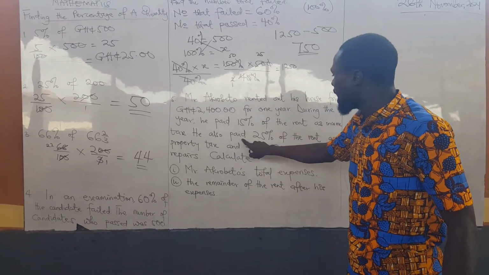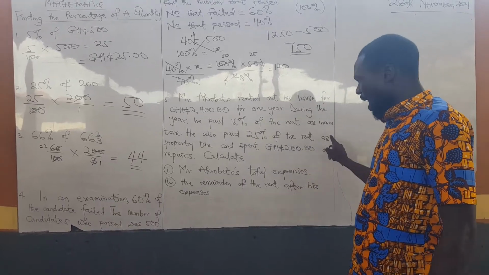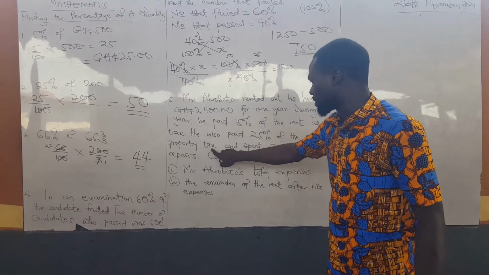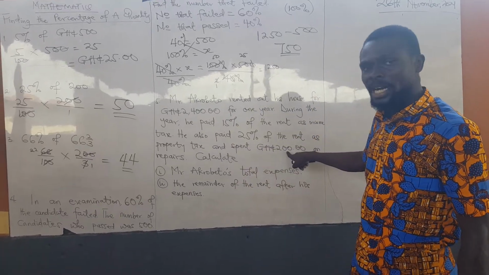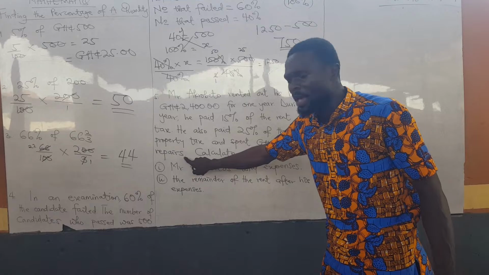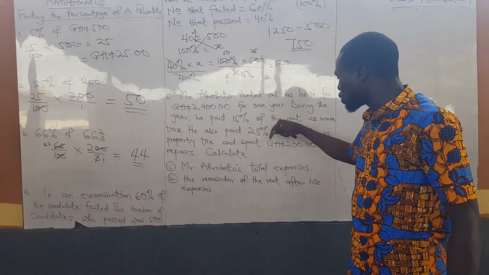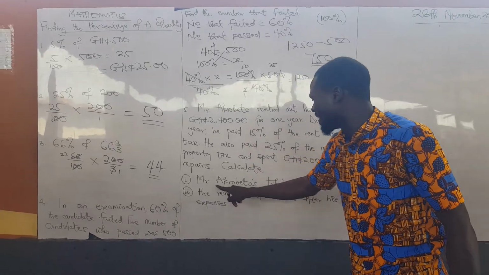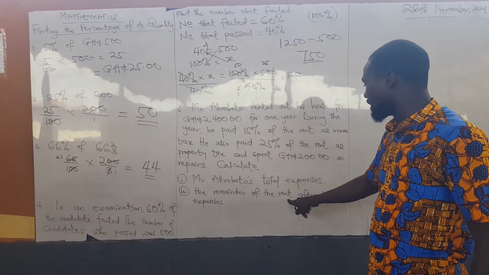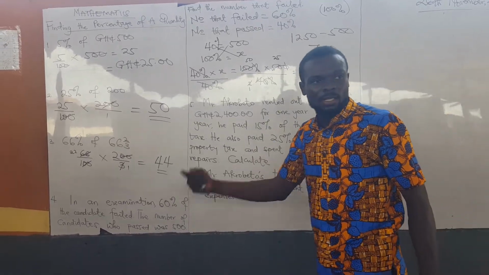He also paid 25% of the rent as property tax and spent 200 Ghana cedis on repairs. Calculate Mr. Akrobeto's total expenses. The next one: the remainder of the rent after his expenses.